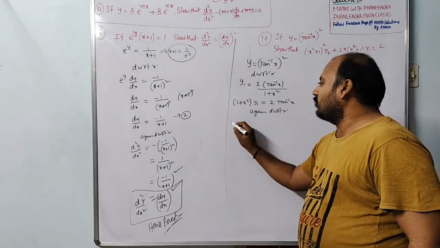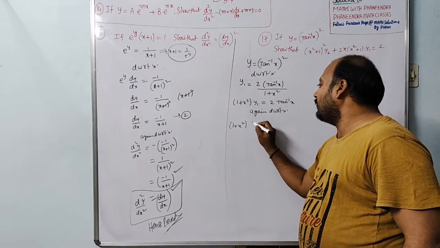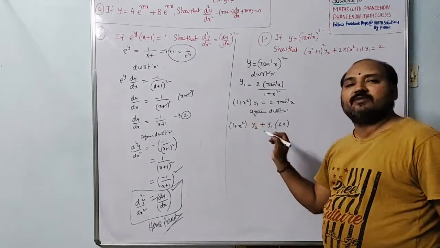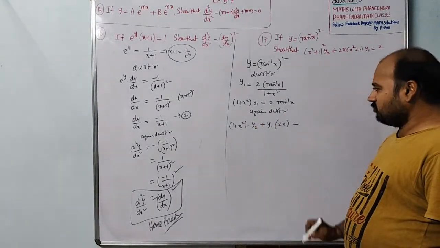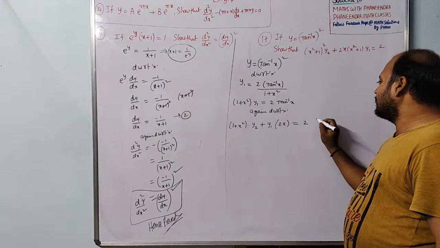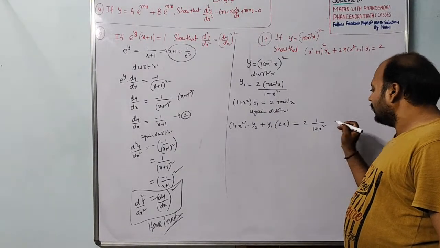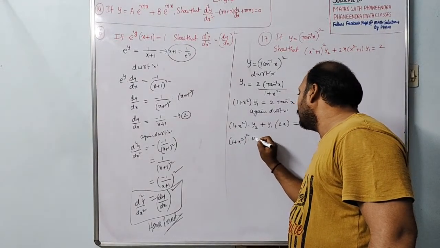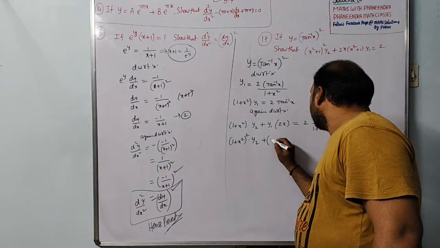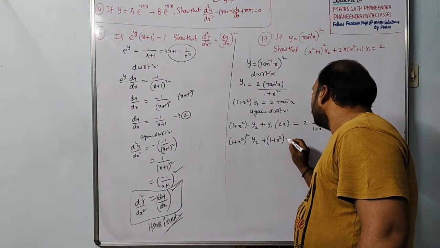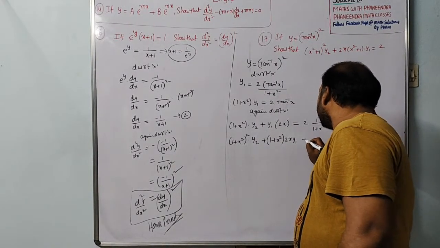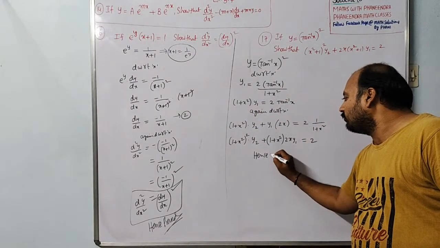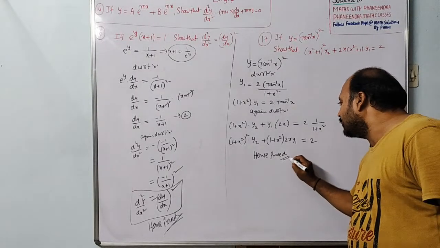So UV formula: 1 plus x square into y1 derivative is y2, plus y1 into 1 plus x square derivative, which is 2x, is equal to 2 into tan inverse x derivative, which is 1 by 1 plus x square. So cross multiply: 1 plus x square whole square into y2 plus 1 plus x square into 2xy1 is equal to 2. They are asking to prove this result only, no? Hence proved.